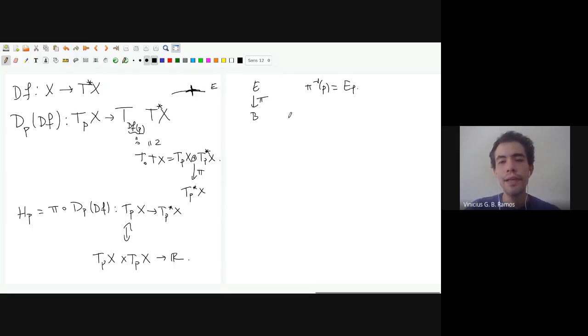If you take some v in the fiber over P and you look at the tangent space at v, this can be identified with the tangent space of B plus the fiber. But in general, this is not canonical.